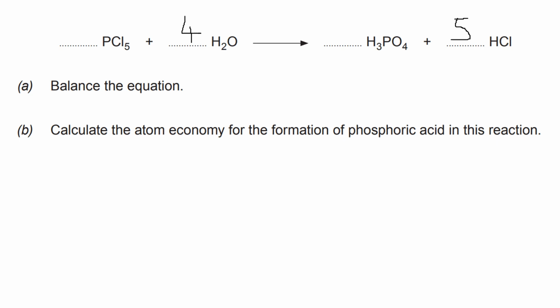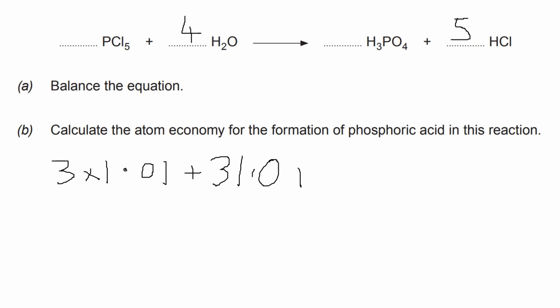So firstly, you've got 3 lots of hydrogens, so that's 3 times 1.01, plus the phosphorus. And I wish I'd got my periodic table to hand here because I can't actually remember phosphorus off the top of my head. Let me just very quickly look it up. Phosphorus is 31.0 to 3 significant figures.